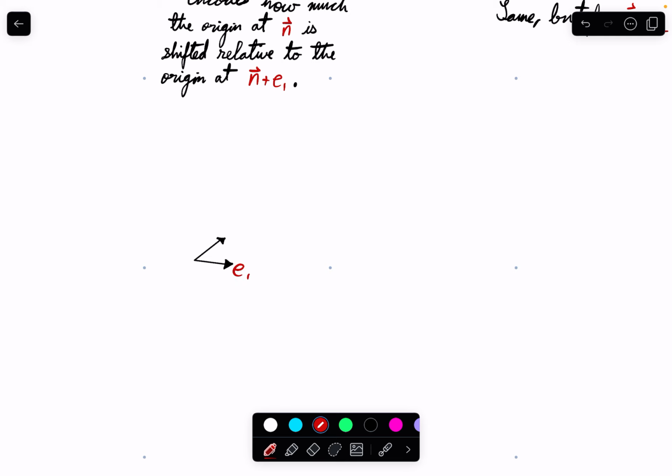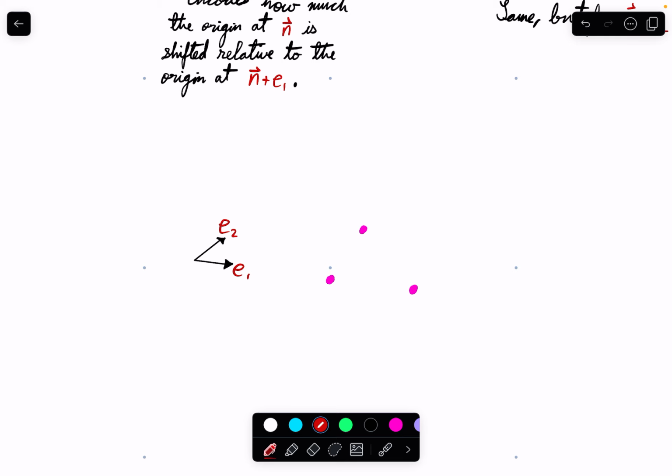This will be your E1 direction. This will be your E2 direction. Then say we have some point here, and then we have the point n plus E1, and then we have the point n plus E2.